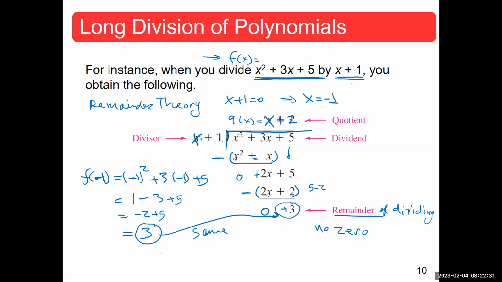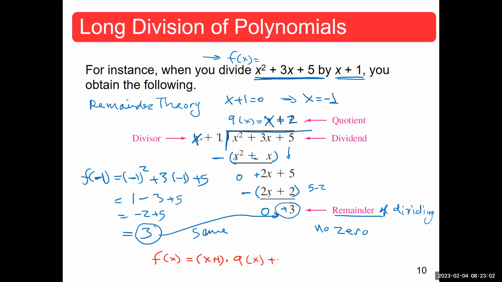The way you write the final answer, you say f(x) equals the dividing term, x plus 1, multiplied by q(x), plus the remainder.